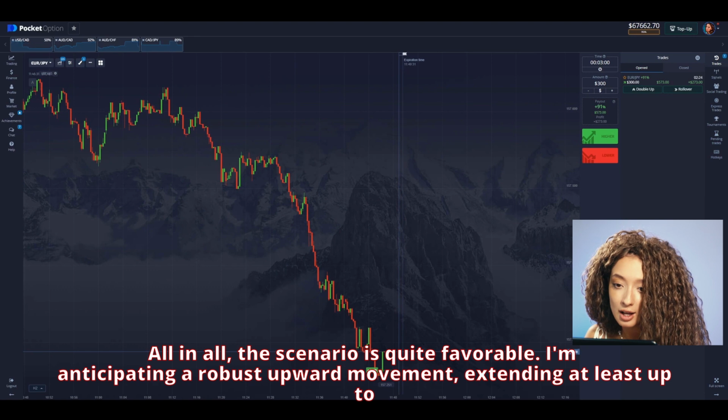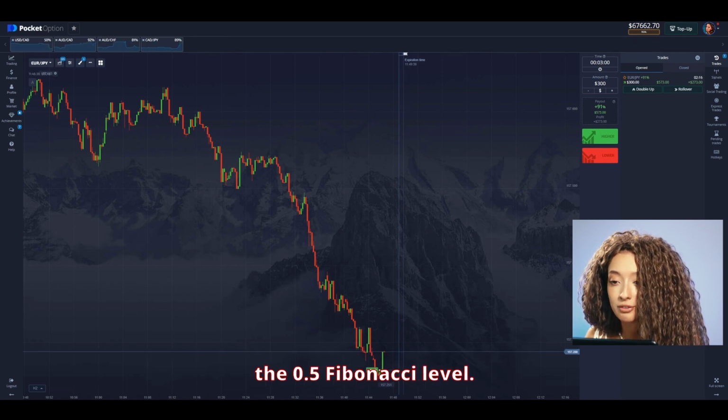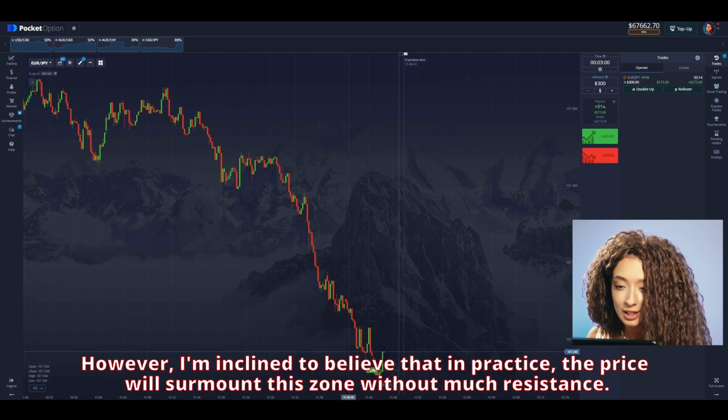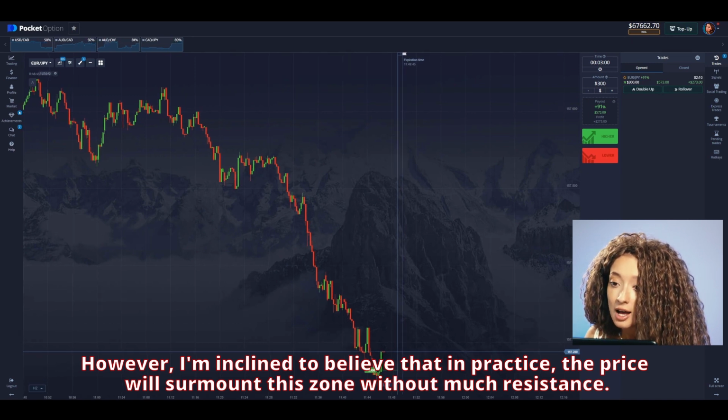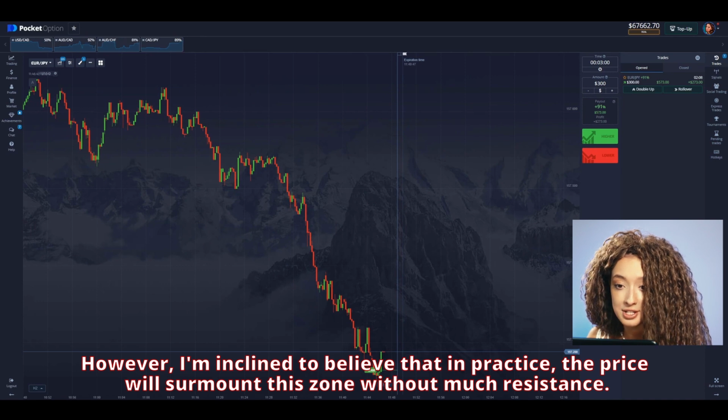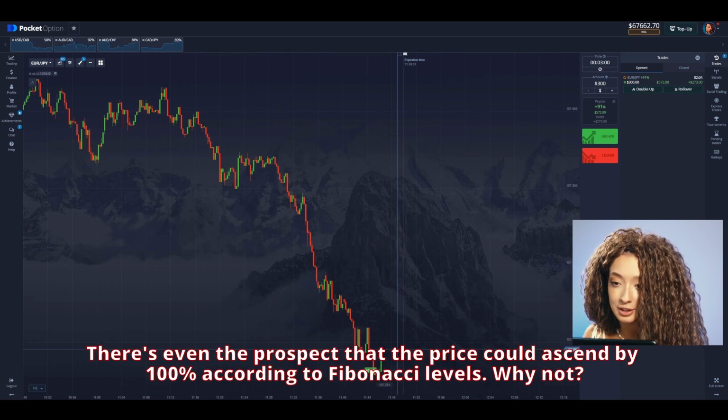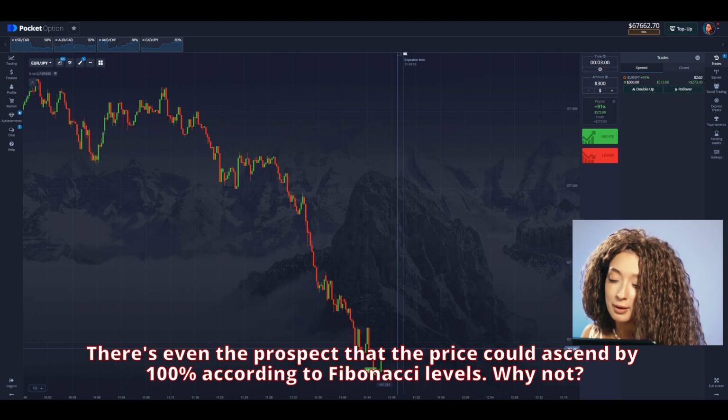All in all, the scenario is quite favorable. I anticipate a robust support movement at the 0.5 Fibonacci level. However, I'm inclined to believe that in practice, the price will surmount this zone without much resistance. There is even the prospect that the price could ascend by 100% according to Fibonacci levels.